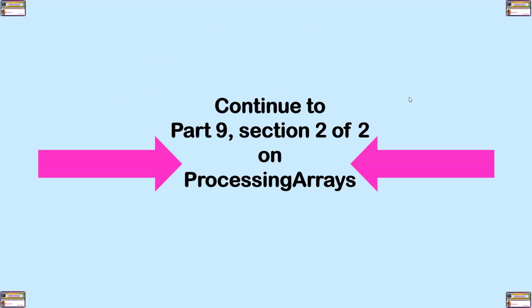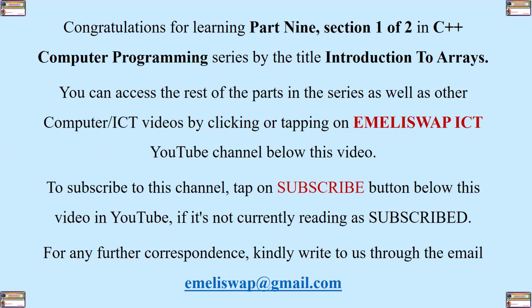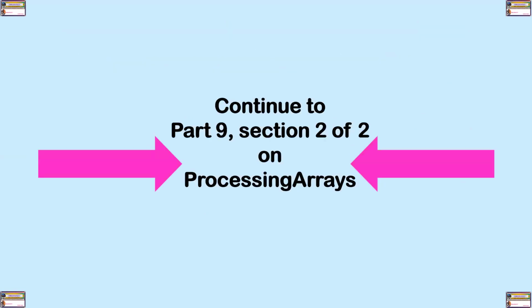And with that, therefore, we have come to the end of section 1 of 2 on arrays. You can then proceed and listen to part 2, that is section 2 of 2, or part 9 on how we process arrays. In this tutorial, we have learned how to work with arrays, how to manipulate arrays.